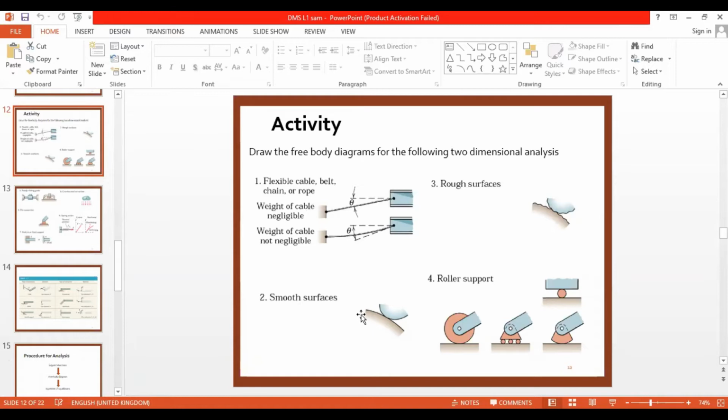Here also this is a surface and this is an object. So in these cases, we will denote the forces only for the object and not for the surface, because we are going to do all the calculation only on the object.